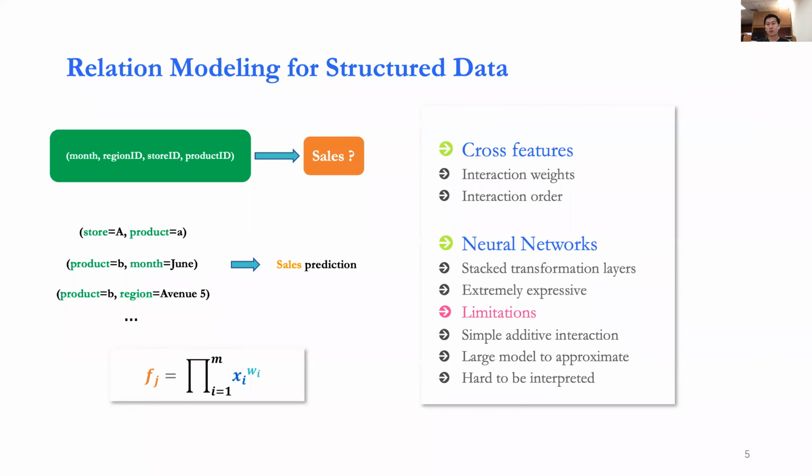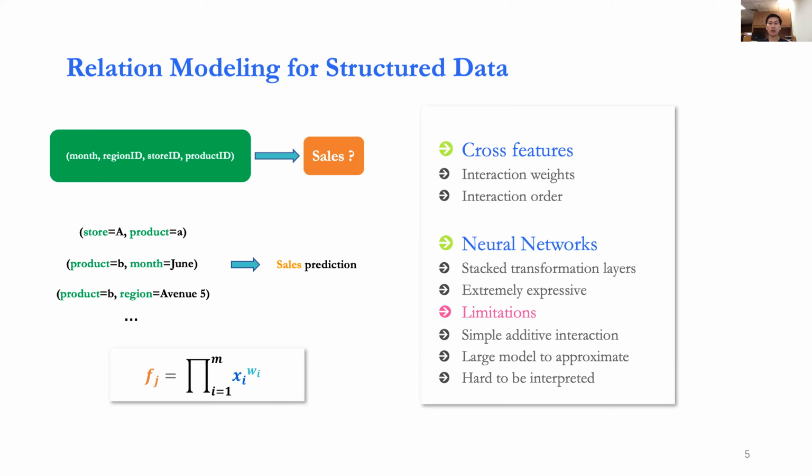Now let's take a closer look at the structured data learning. So the central problem to structured data learning is actually how can we effectively model the feature interactions among attributes? Let us consider the e-commerce example again. In such real-world applications, the correlations and dependencies among attributes are very important for the prediction.